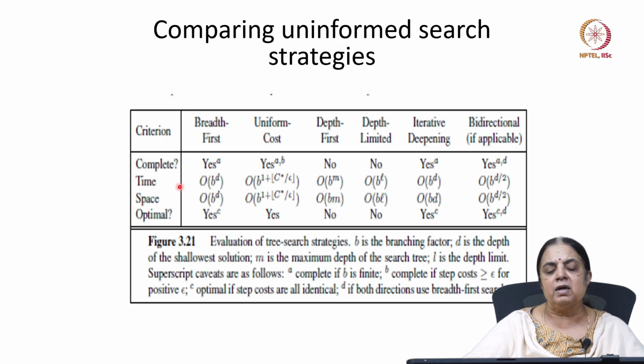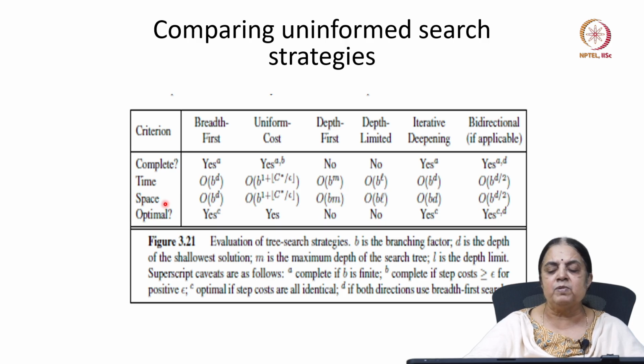If you take time complexity, you find that it is like this. Bidirectional search has a little less complexity, and here it depends on L and M. And this D may be much smaller than the D which you get when you're just using depth first search, right? So that is the thing.